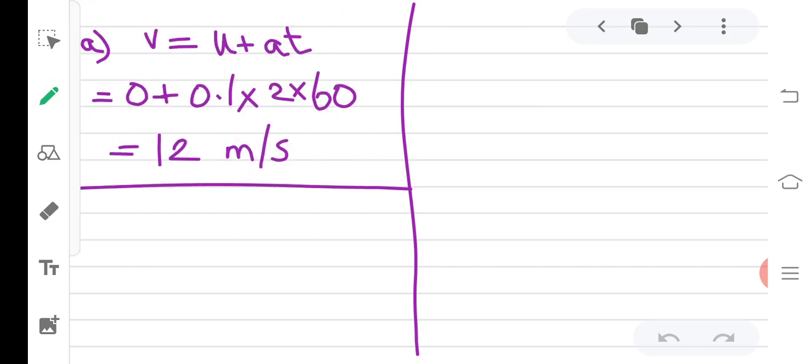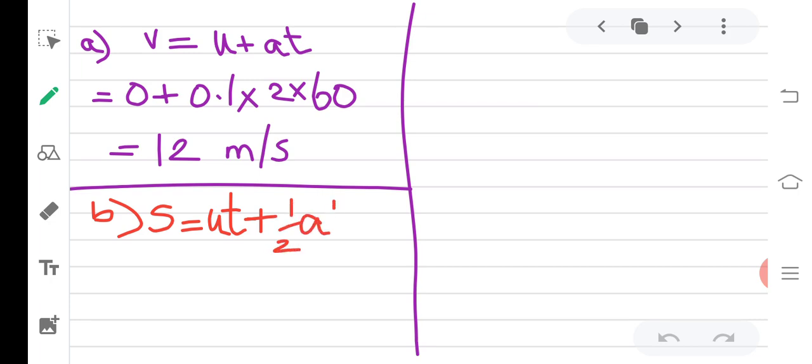Next we have to find the distance traveled. So you will use the second equation of motion, which relates the velocity, acceleration and time. That is s is equal to ut plus half at square.